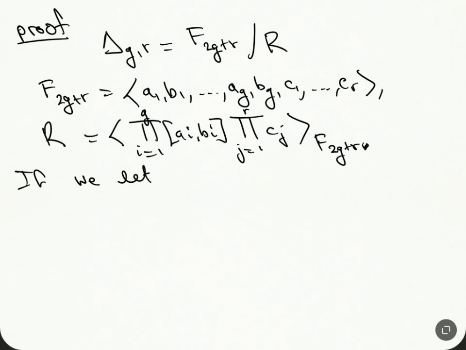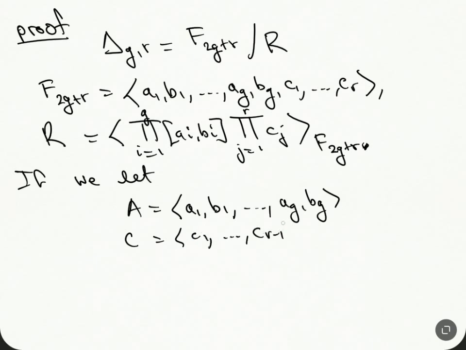If we let A be the group generated by a_1, b_1 to a_g, b_g, and C be the group generated by c_1 up to c_{r-1}, we're omitting one of these generators, so essentially we're going to create an injection here.